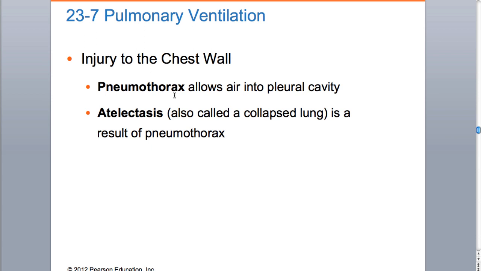What would happen to you if you had a hole in the pleura? I want you to think about that carefully. I'm giving you a hint.